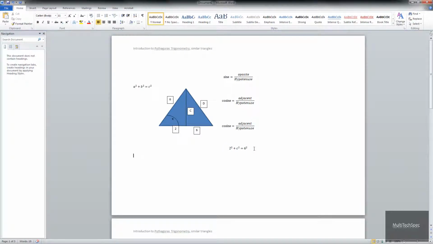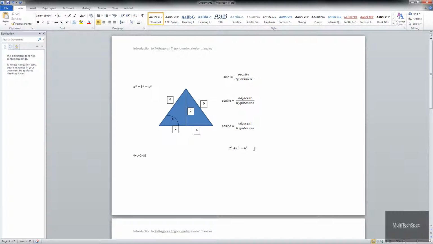The actual equation comes out like this: 4 plus c squared is equal to 36.